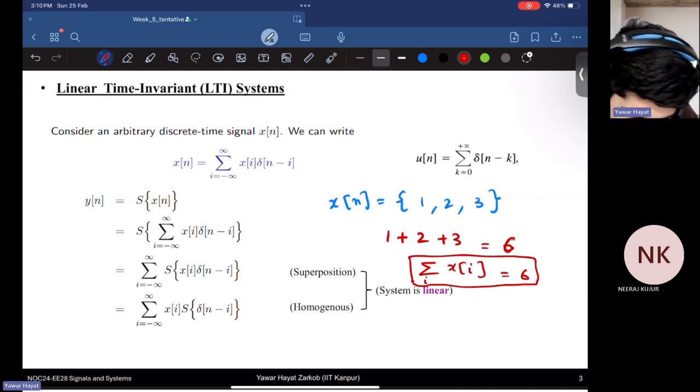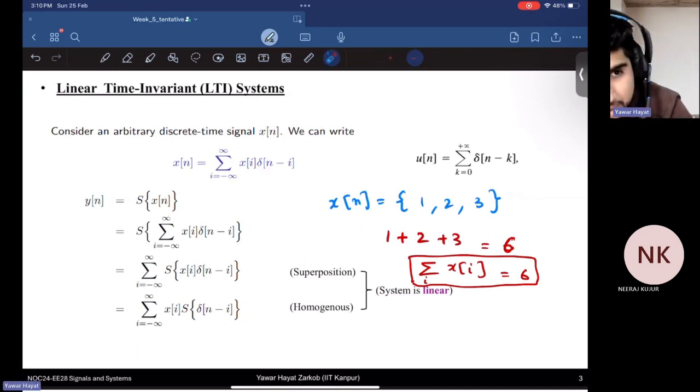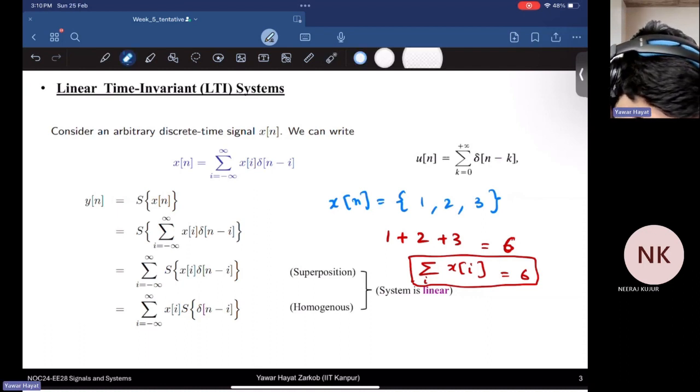But the fact that I'm introducing n inside this summation means this will no longer be a number. Why? Let's see why that is the case.